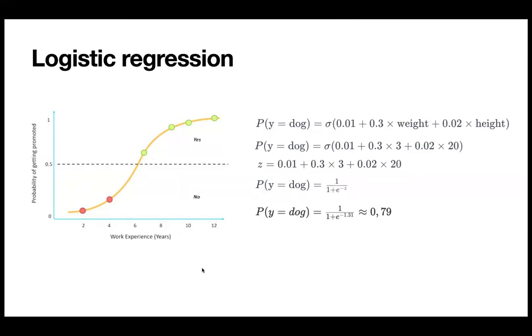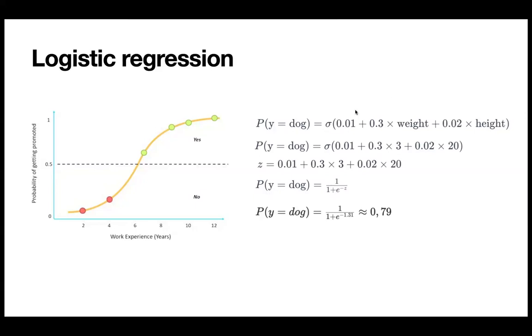You have the example here, and it computes probabilities of something. With that line, we can split our data into the two groups.